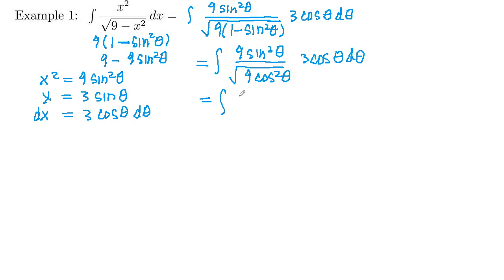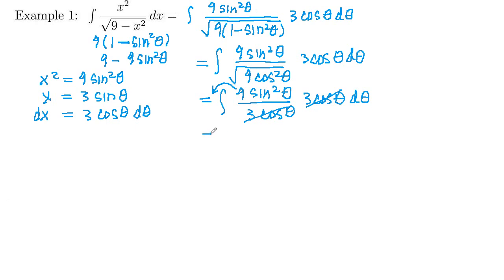And so this is the integral of 9 sine squared theta over, in the denominator, the square root of 9 is 3, the square root of cosine squared is cosine theta, and then we've got that 3 cosine theta d theta. The 3 cosine theta cancels, and the 9 we can bring outside.